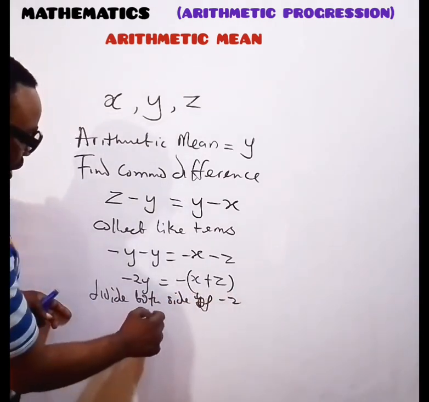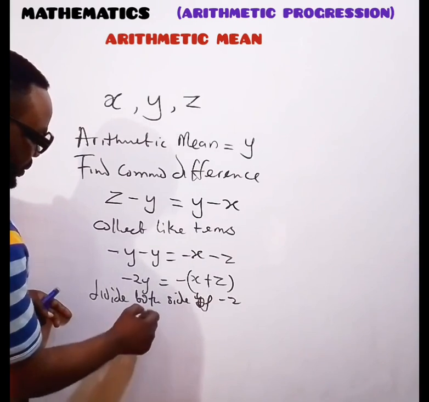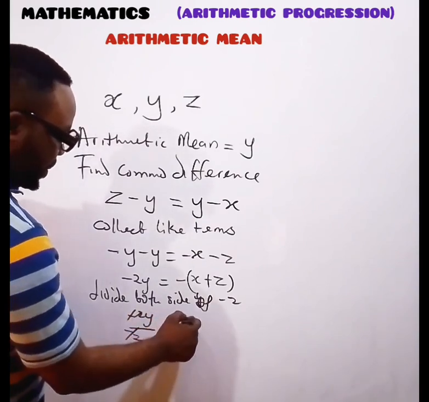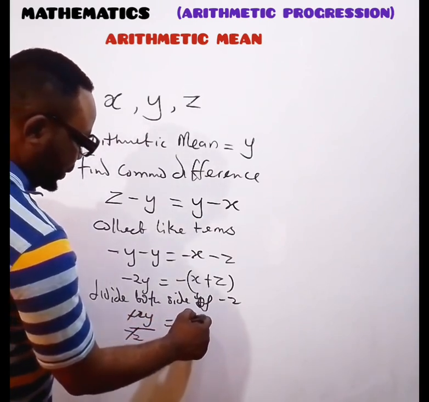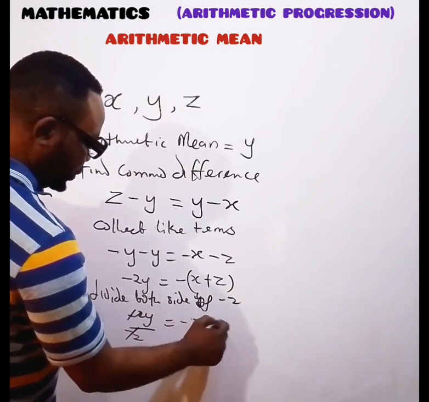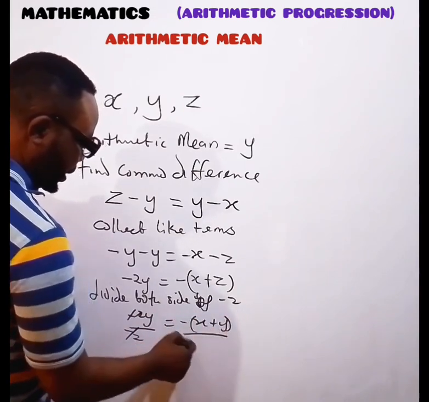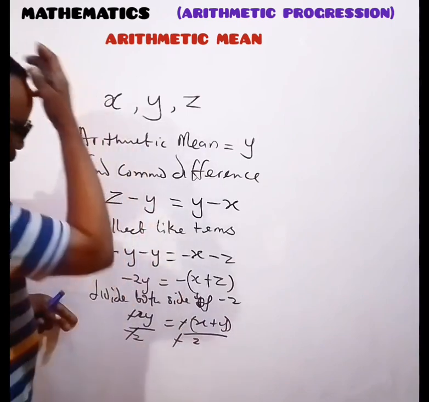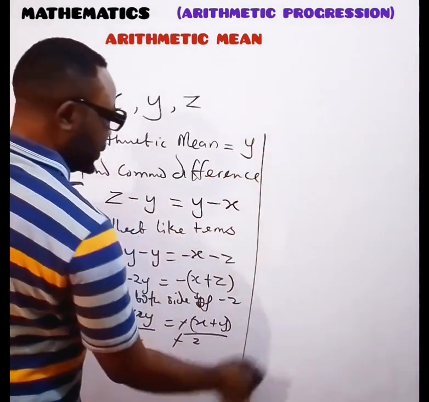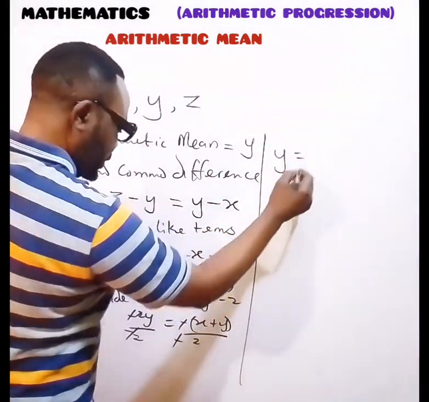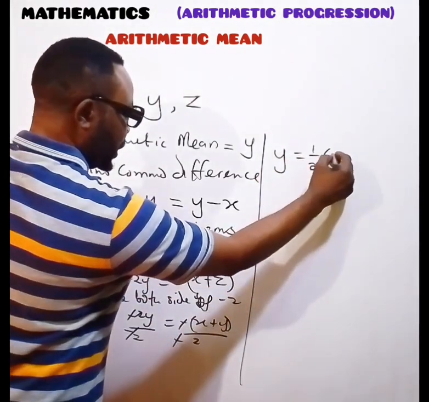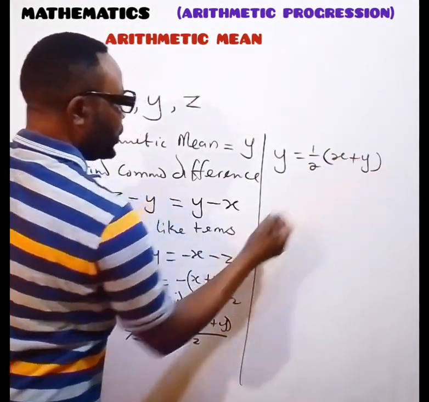We have minus 2y over minus 2 equal to minus bracket x plus z over minus 2. Minus cut minus, we have y equal to 1 over 2 into bracket x plus z.